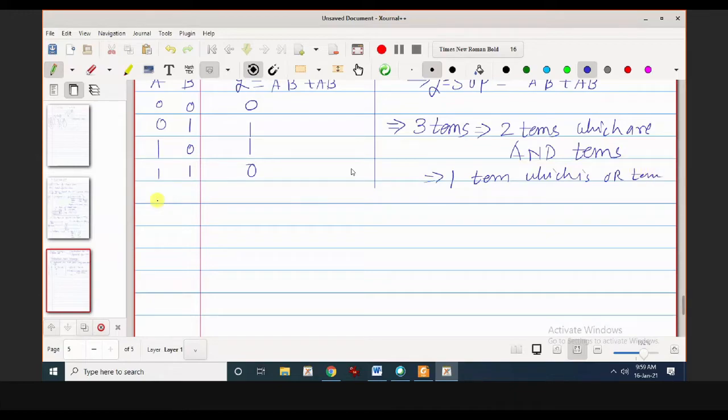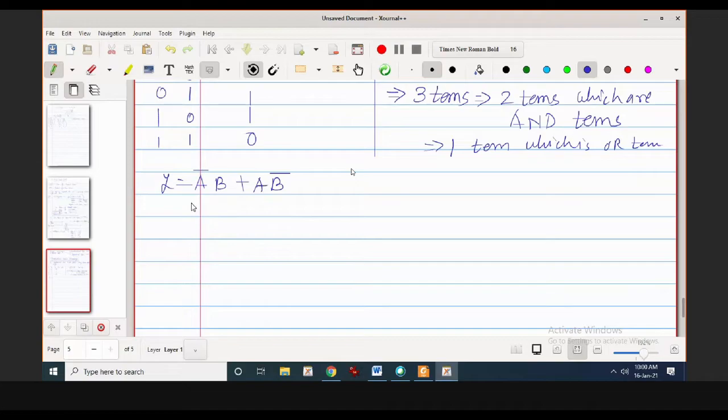So Y is equal to A bar B plus A B bar. Now Y is equal to Y1 plus Y2, where Y1 is equal to A bar B and Y2 is equal to A B bar.